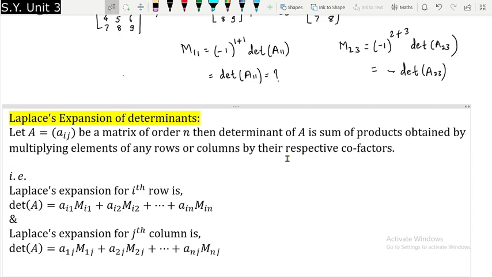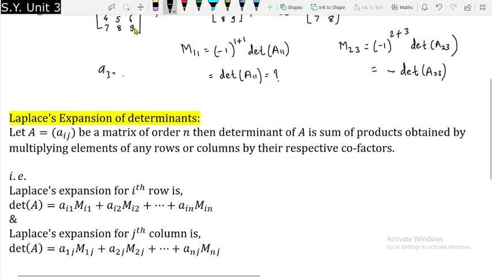Products of what? Product of element and multiplied by what? Its cofactor. So element, I mean, see, this is a element A33, and what is its cofactor? So A33 is a element and its cofactor is M33. Okay, so now you are having Laplace expansion for ith row also, and Laplace expansion for the jth column also.